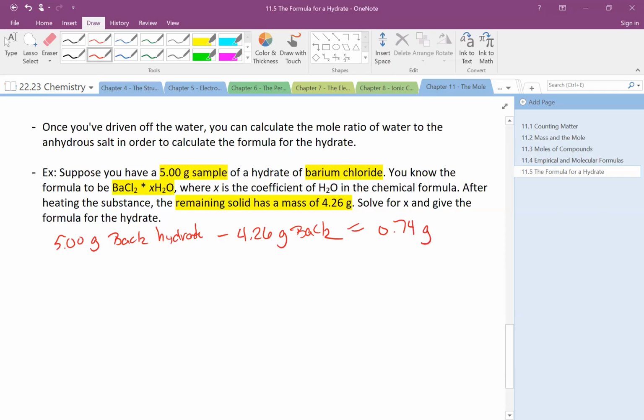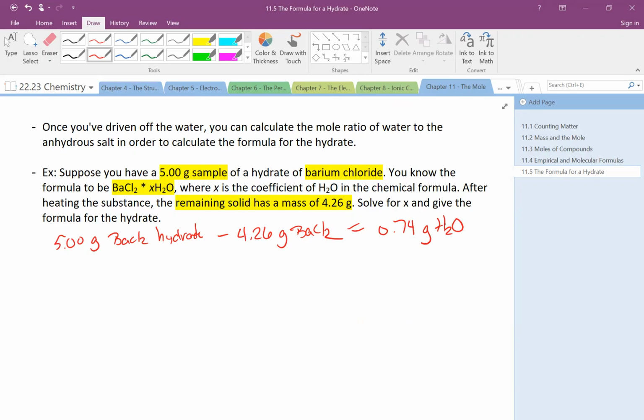The unit is grams. Conceptually, if I started with the hydrate, and I'm left with just the inorganic salt, the difference in those weights is going to be the mass of the water. So that is 0.74 grams of water. Our initial step is to calculate how much water we actually had in our total sample.